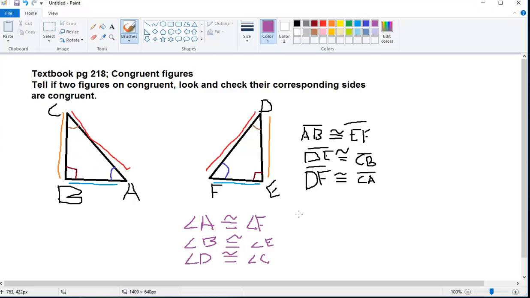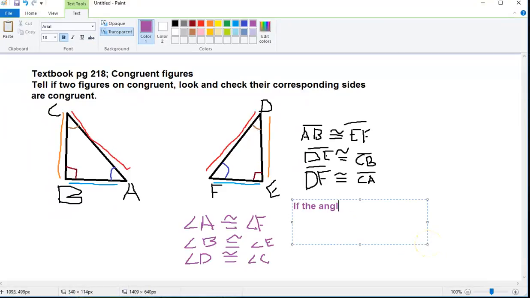Now, when we get into proofs, which we're going to be doing a lot with, we don't need to check if all of them are congruent. There are certain steps and ways we could shortcut this, so we're going to get into that later, but basically what we need to know is that if these are congruent and these are congruent, then the triangles are congruent.